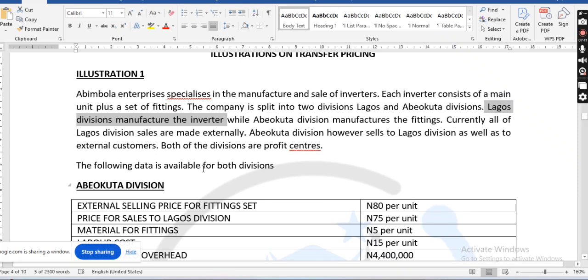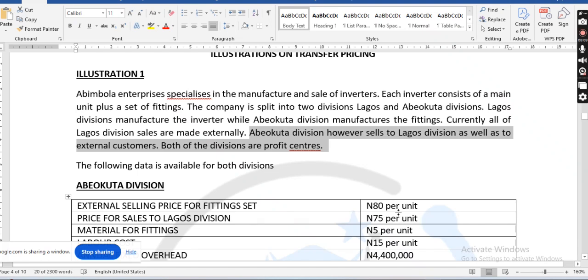Currently, all of Lagos division's sales are made externally. Lagos sells externally. While Abeokuta division, however, sells to Lagos division as well as what? External. So this tells you that Abeokuta is the selling division. Do you know why?